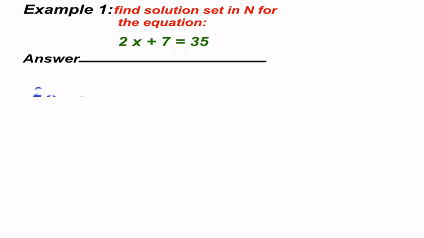The first step in the solution is to remove 7, to move it to the other side with a different sign. 2x equals 35 minus 7. 35 minus 7 equals 28. So the equation will be 2x equals 28.